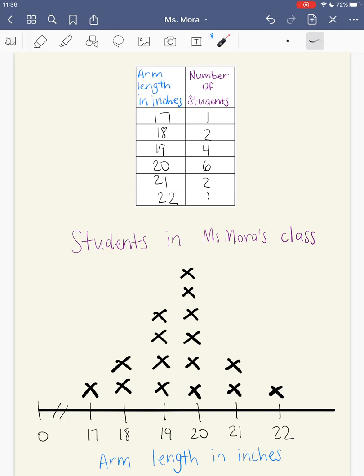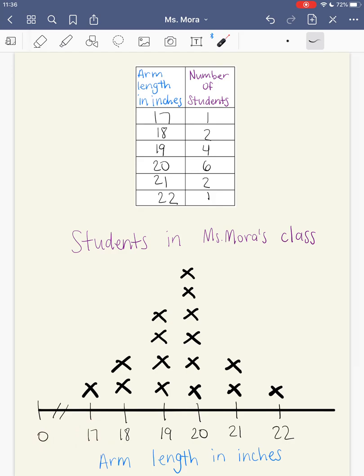But here's the interesting part. My number line here starts at 0. And then it skips to 17, then 18, 19, 20, 21, 22, which are the numbers from my table, okay? So these two hash marks here mean that you are skipping the numbers in between 0 and 17.